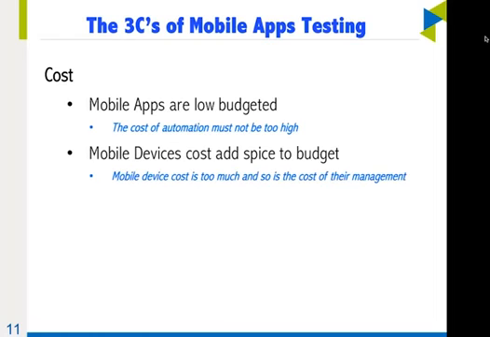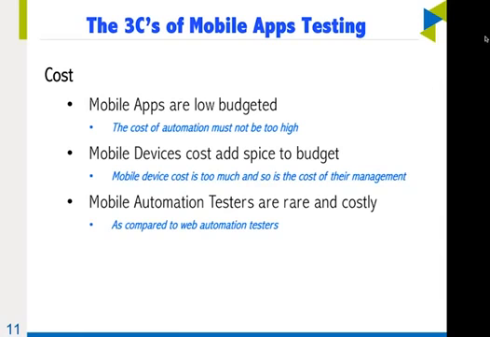The mobile device costs add spice to the budget. If you talk about iOS and Android devices, for 20 devices we're talking about an investment of $3,000 to $4,000, which is a very high cost, and sometimes these devices are failure prone, so the cost of management also adds to the overall cost.